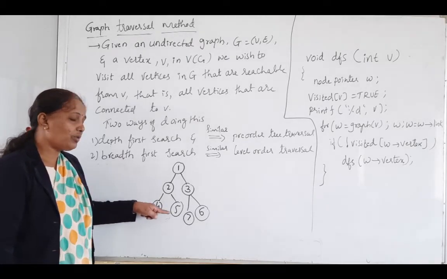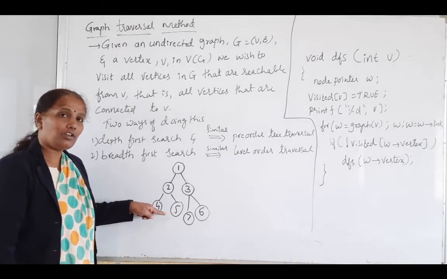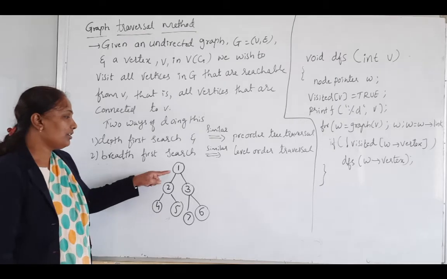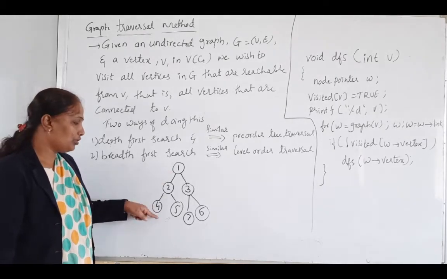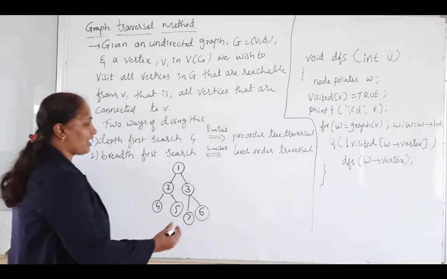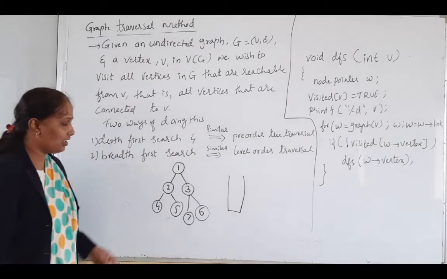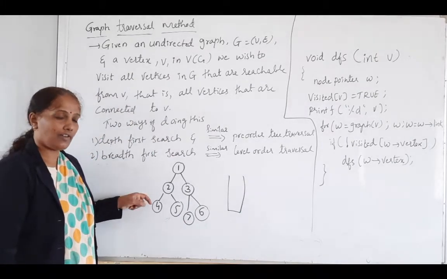If more than one vertex is connected, then you are going to visit the vertices in order only. To do this we are going to make use of a data structure called a stack, for this depth first search traversal.